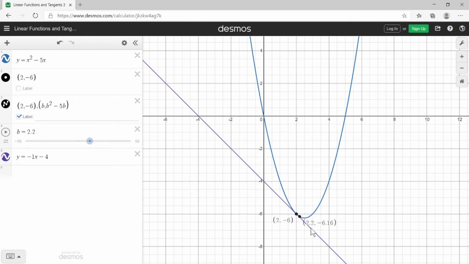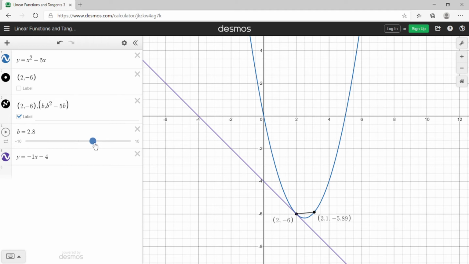So what I just did here, as I moved from up here and moved it down this way, I approached the point of tangency from the right. We can approach it from the left too.